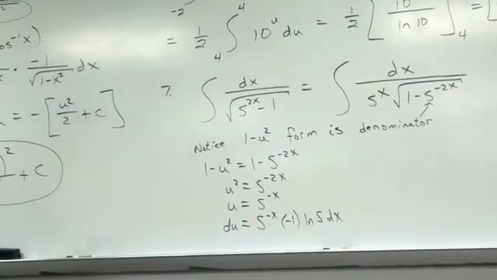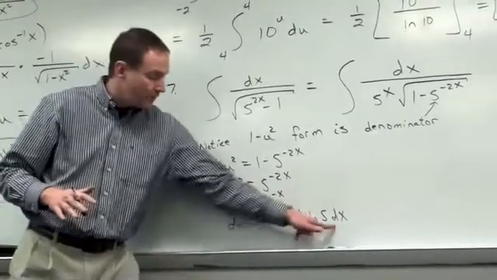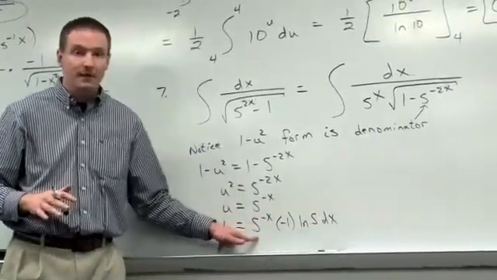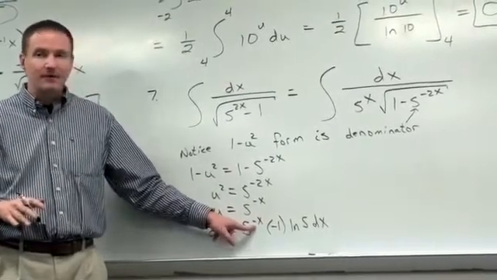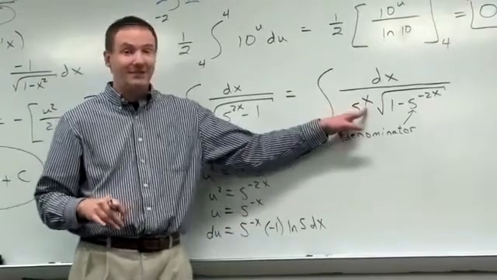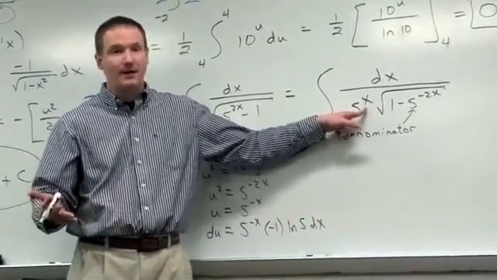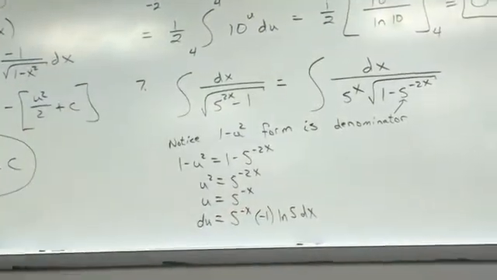So I can say this problem can be written in the form 1 minus u squared if I'm able to see this in the problem. So first question, do we see a factor of 5 to the negative x in the problem? Yes. Fantastic, guys. 5 to the x in the denominator is 5 to the negative x. I don't see a negative 1. Well, I'll put it.